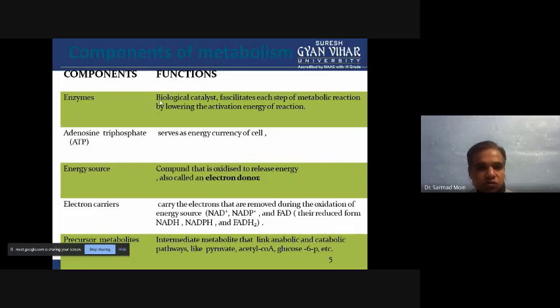What they are doing is lowering the activation energy so that the substrate can easily convert into the product, and maybe energy will be released, or maybe some reactions require energy also. So various types of reactions are there, but the enzymes are of different types, and they are doing catalytic activity.